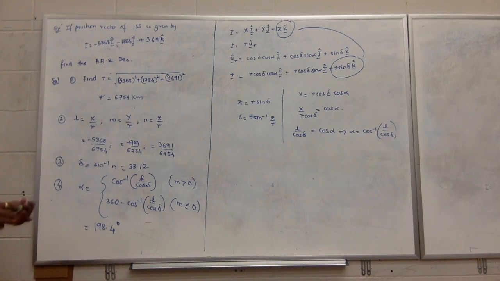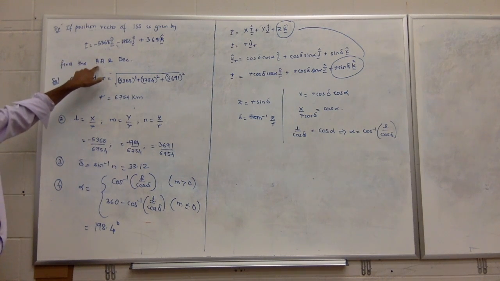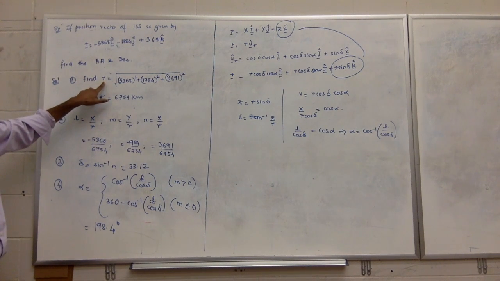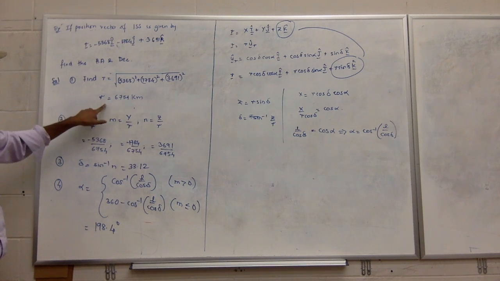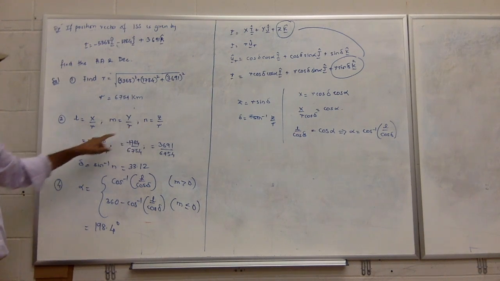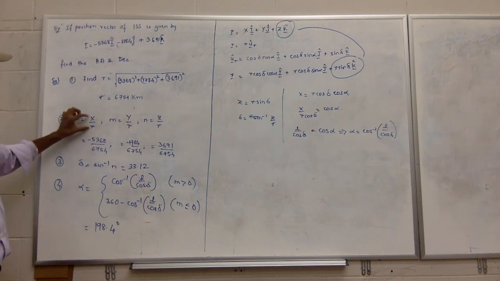I just need you to go through it. Right, you're given R. The first thing you do, when you're asked for right ascension and declination, is first calculate the magnitude. If you assign these l, m, n variables, l is x over R. Since you know R and x, you can get l.